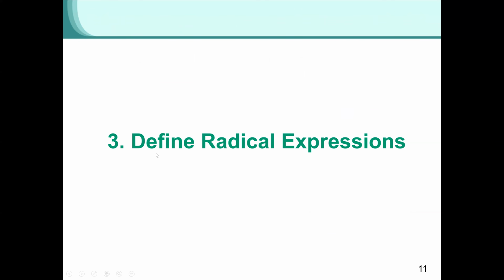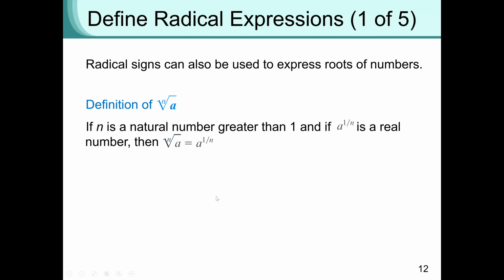So next we're going to discuss defining radical expressions. A radical expression, again, is a root sign. So we say the radical sign can also be used to express the root of a number.